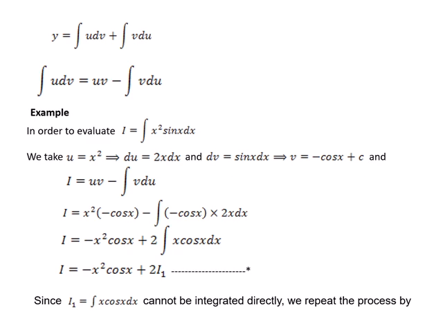We represent it as I. I is given as integral s squared sin s ds, so I equals uv minus integral v du.